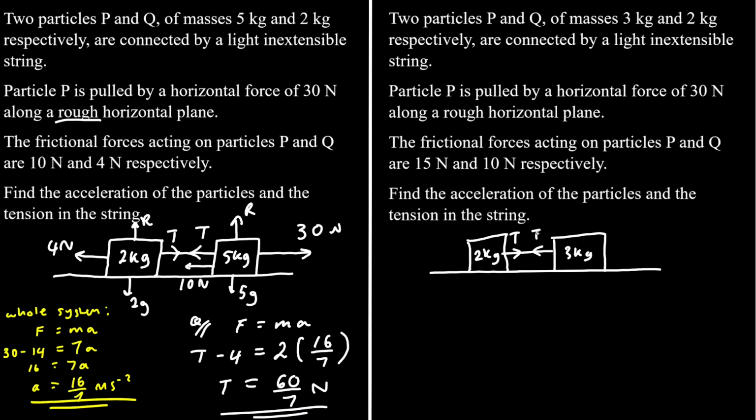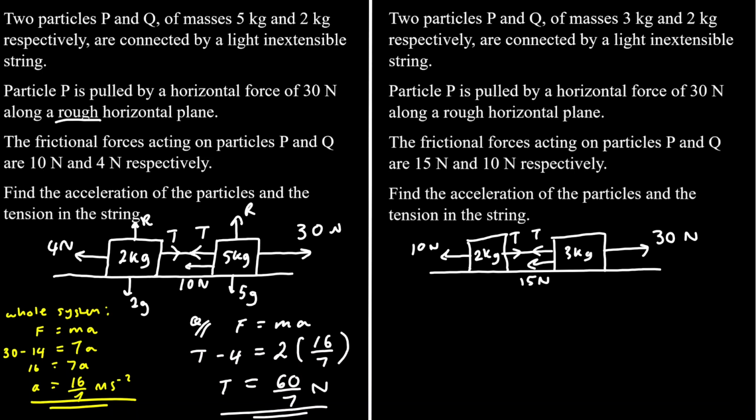So tension is going to be pulling P back and pulling Q forwards because P is being pulled along by a 30 newton force, and the friction is 15 newtons and 10 newtons this time.